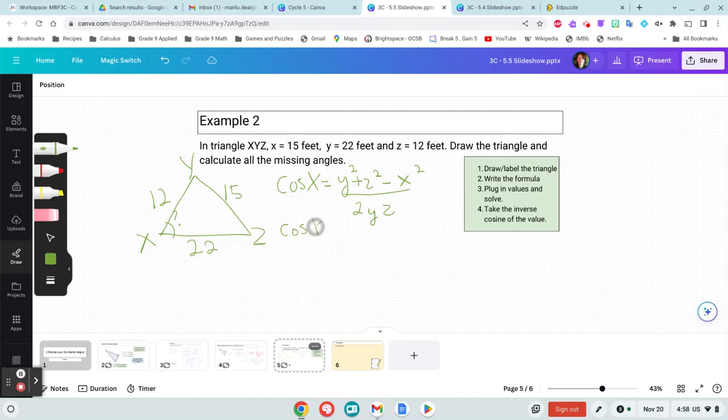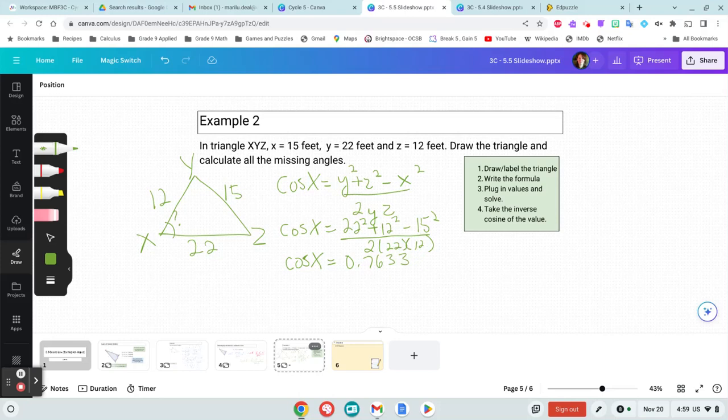So the cosine of X equals 22 squared plus 12 squared minus 15 squared all over 2 times 22 times 12. When I do all that on my calculator, I'm going to get 0.7633. Make sure you're doing this on your calculator to ensure you're getting the right answer.